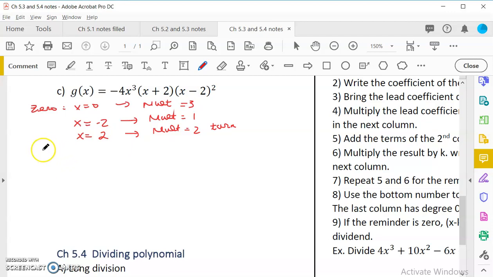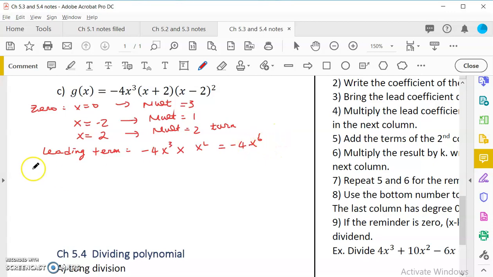And end behavior, right? So we need a leading term. So you would do negative 4x cubed, and anytime you have an x, you take it x 1 time, x 2 times. So what do I have? Negative 4x to the 6. So x to the 6 is an even power.